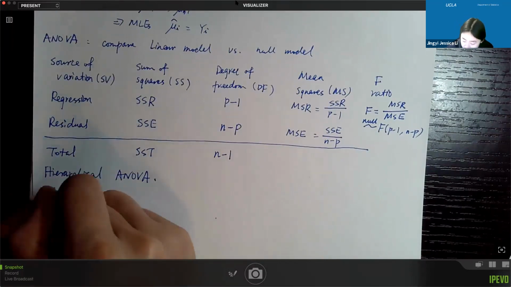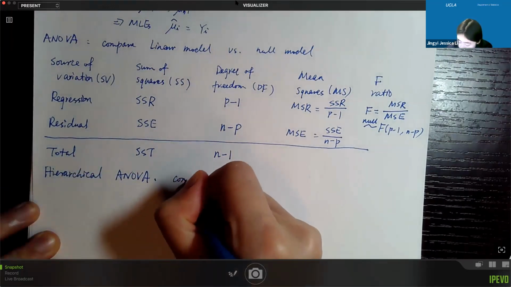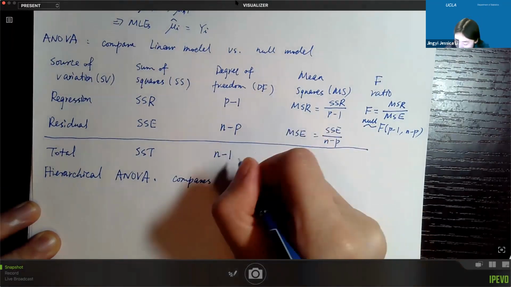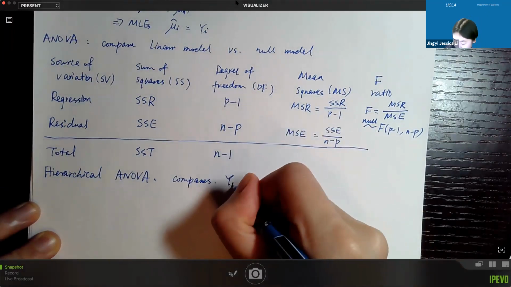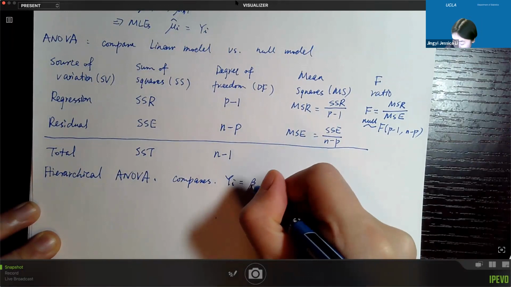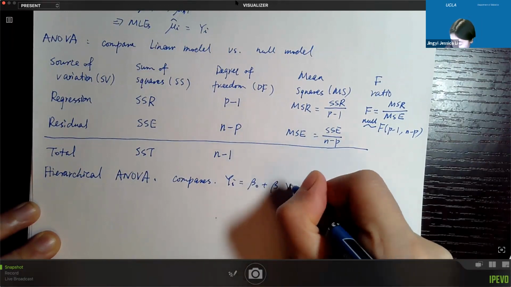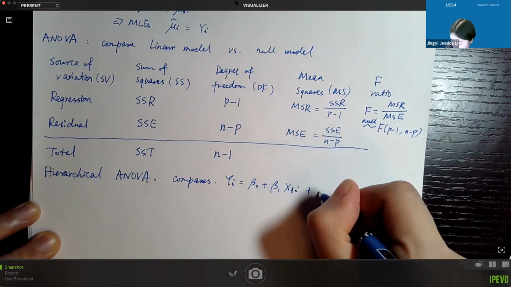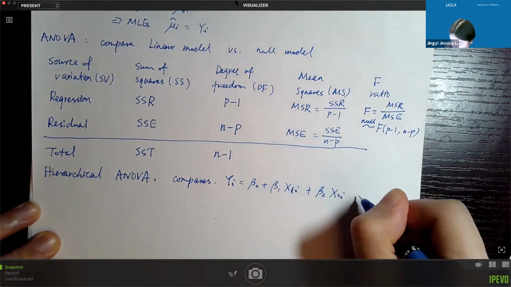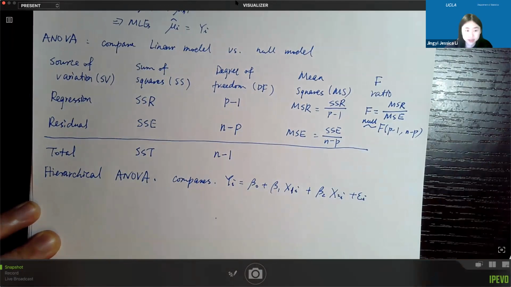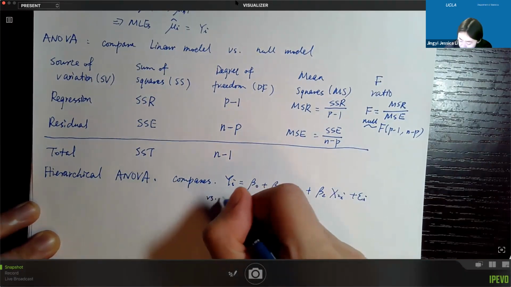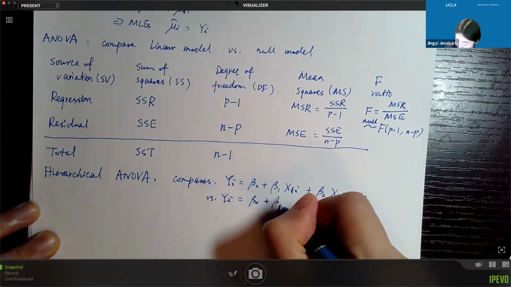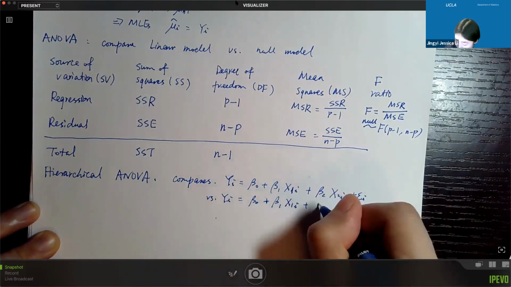So it compares, okay, let's say that we have yi equals beta 0 plus beta 1 x1i plus beta 2 x2i plus epsilon i, I have two predictors, versus yi equals beta 0 plus beta 1 x1i plus epsilon i.